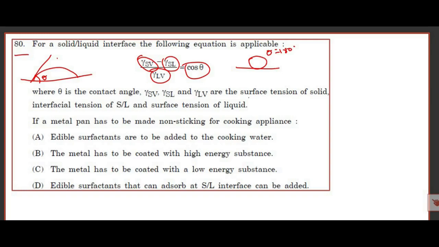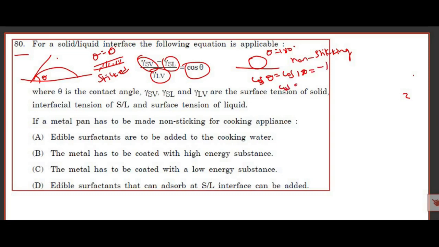They have given sticking, hence if it has been sticked, it means here theta is equal to 0. It is completely sticked. Now let us take cos theta, which is equal to cos 180, which is equal to minus 1.